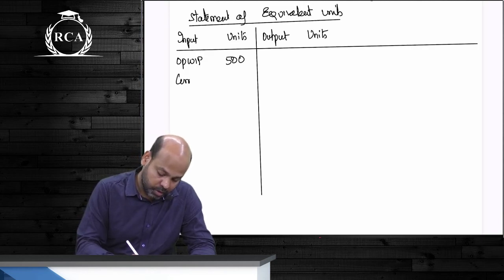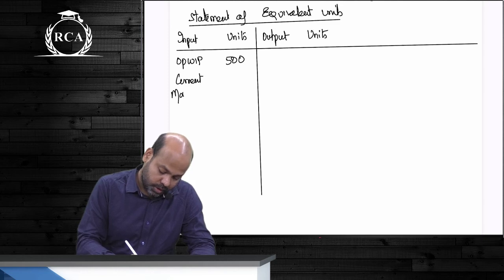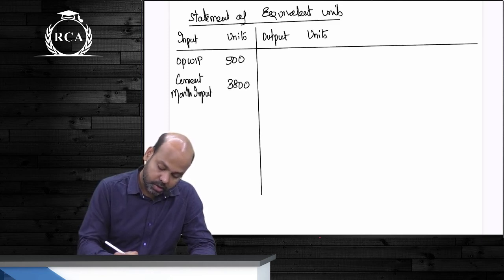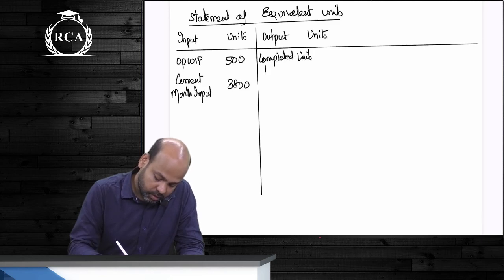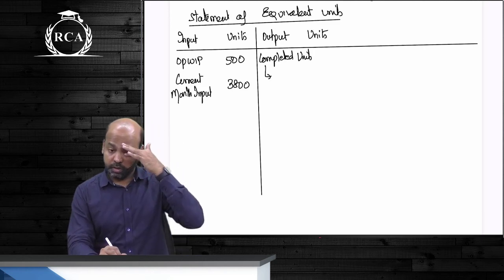Current month input 3000, 3800. In output, beta, you will write completed units and divide that into two parts. What are those two parts? Only because this is FIFO method.